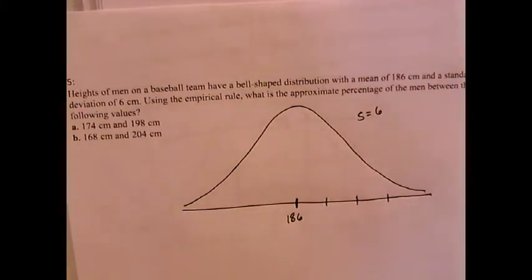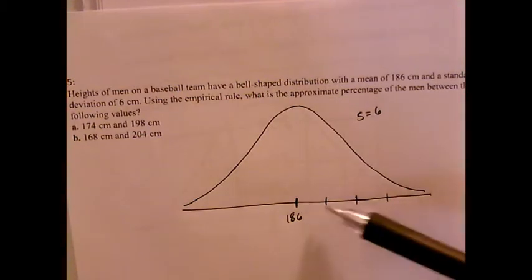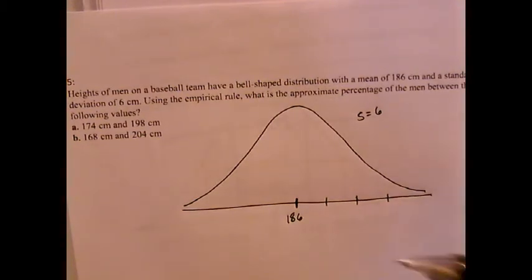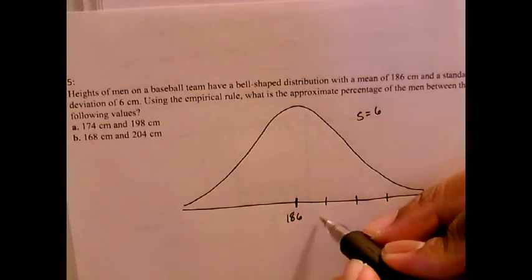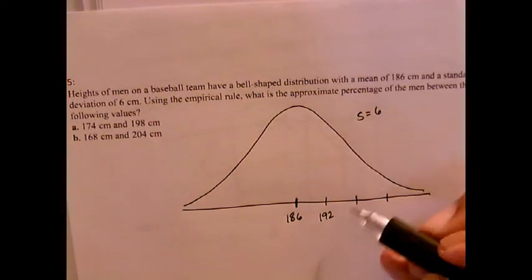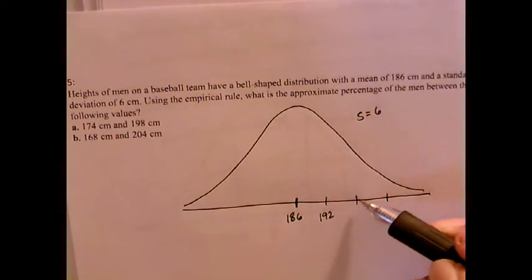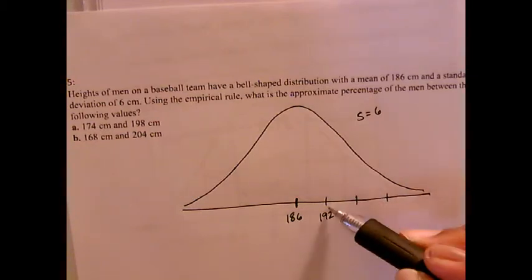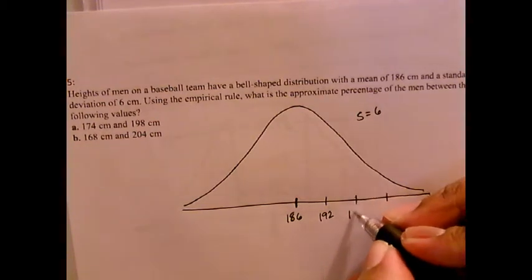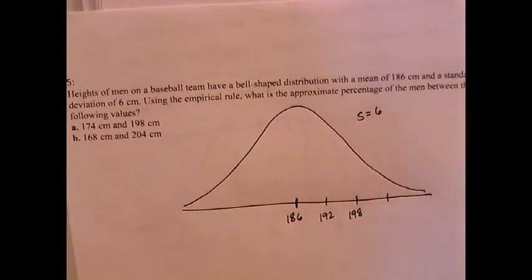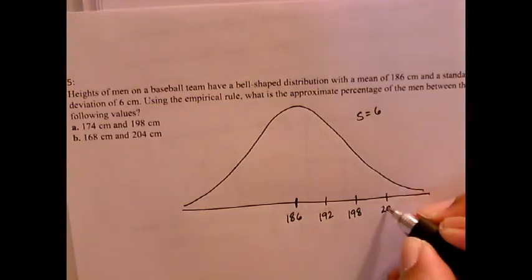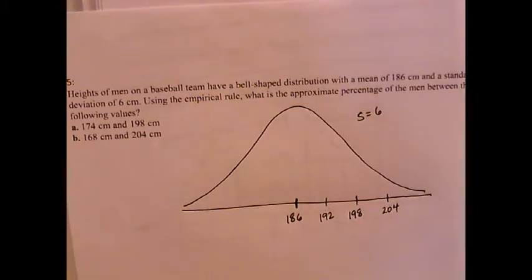That was given to me in the problem. So if I go 1 standard deviation past the mean of 186, that number will be 192. And then I'm going to keep adding 6 each time. If I add another 6 to this 192, that'll be 198. That represents 2 standard deviations to the right of the mean. Add another 6 to the 198, you'll get 204. That's 3 standard deviations to the right of the mean.